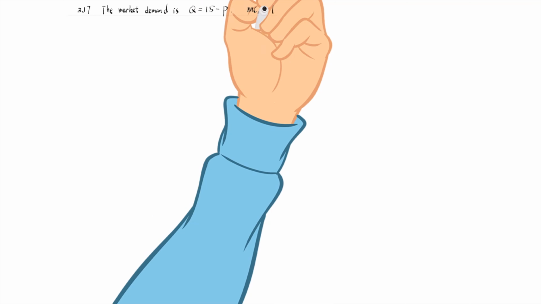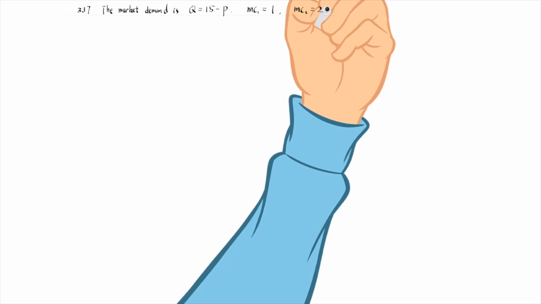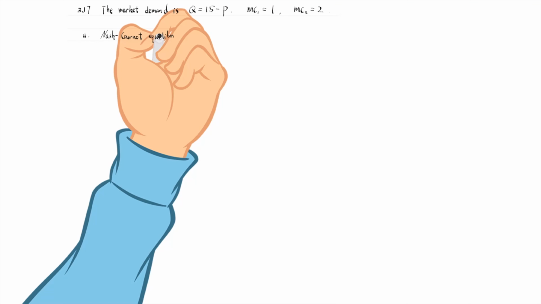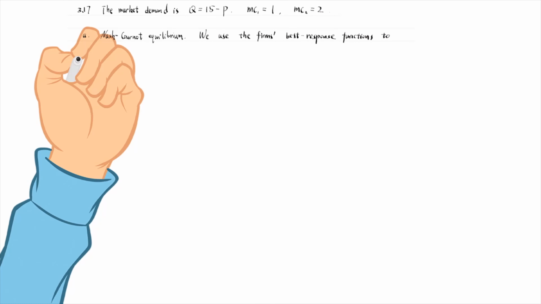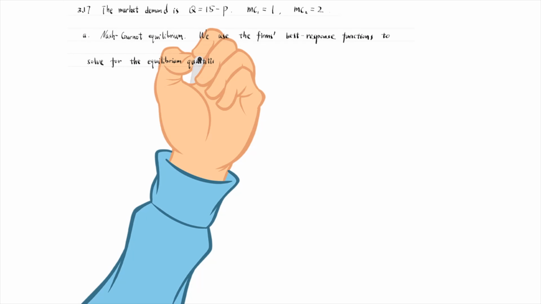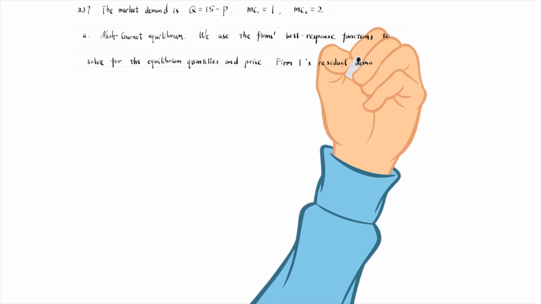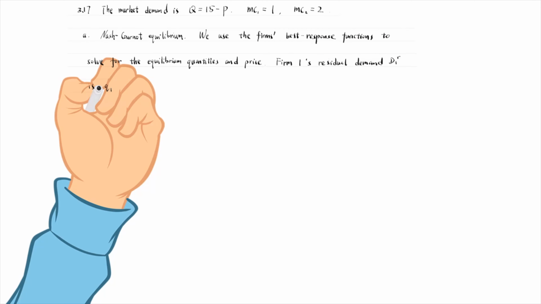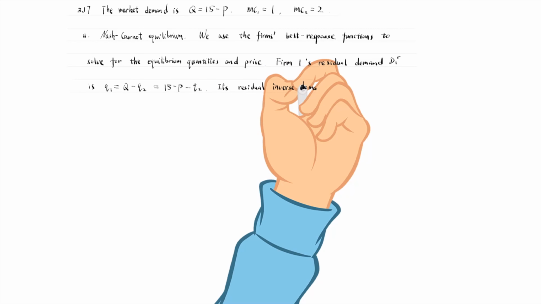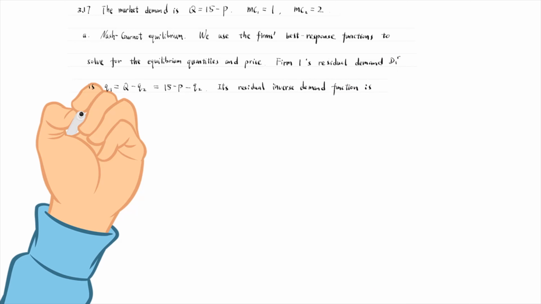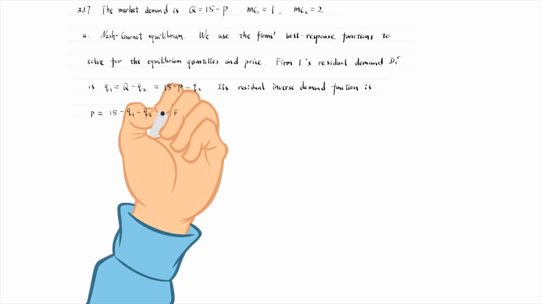We use the firm's best response functions to solve for the Nash-Cournot equilibrium quantities and price. Firm 1's residual demand D1R is the market demand minus the output from Firm 2. We then can write its residual inverse demand function.